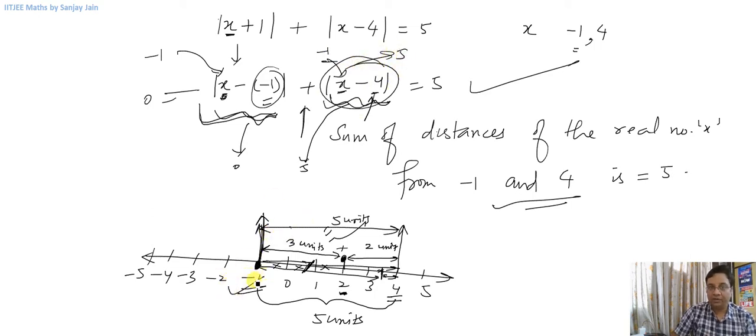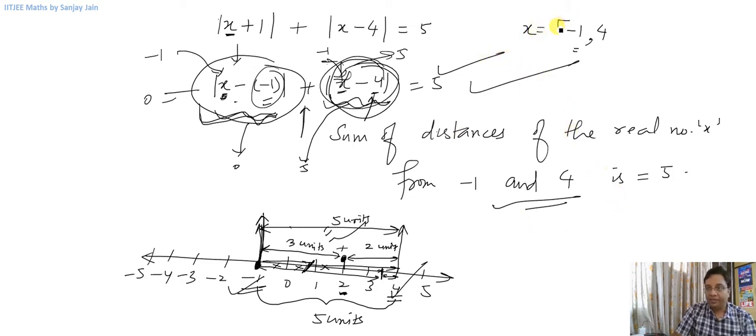So -1 will also satisfy and 4 will also satisfy, because 4 when I put here will make it 0, but this will become 5, which is what I want. So x can be anything between -1 and 4, and it can be -1 or 4 also. So this is the solution. Any number -1, 4 or any number between these will satisfy this equation.